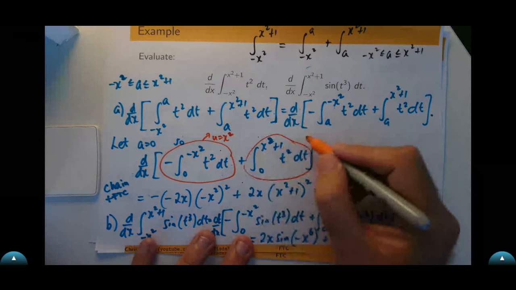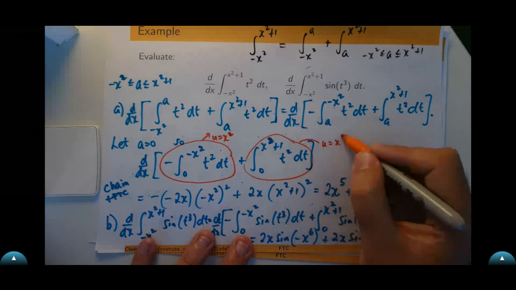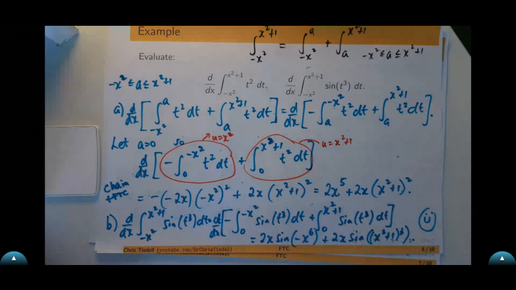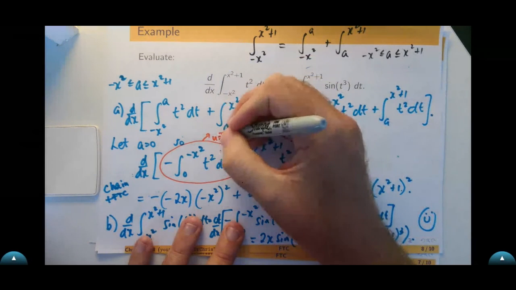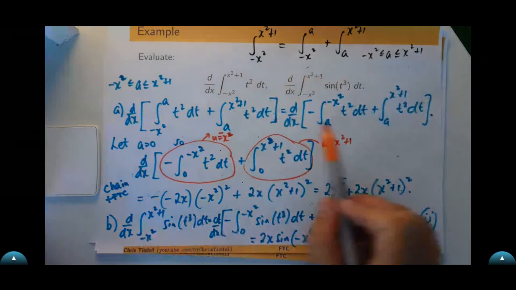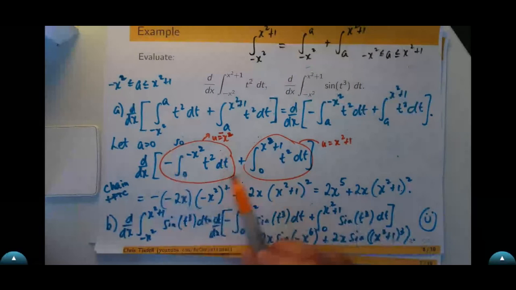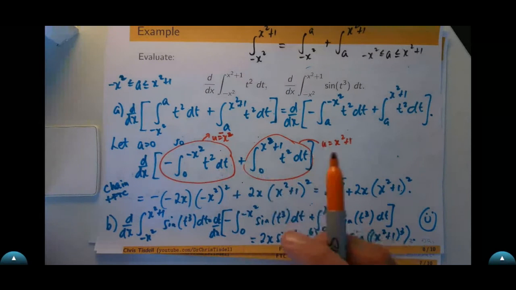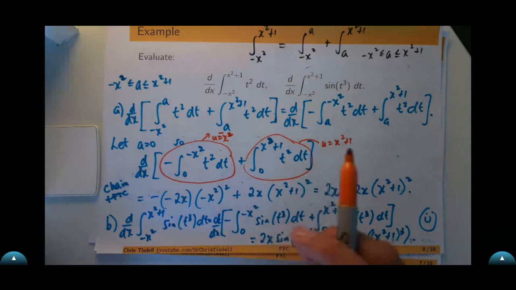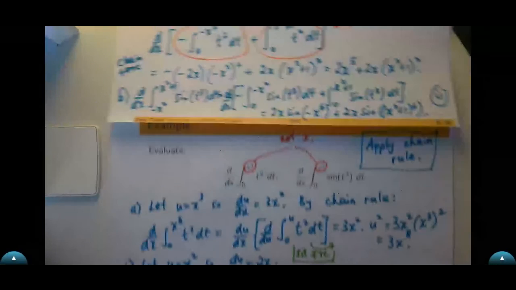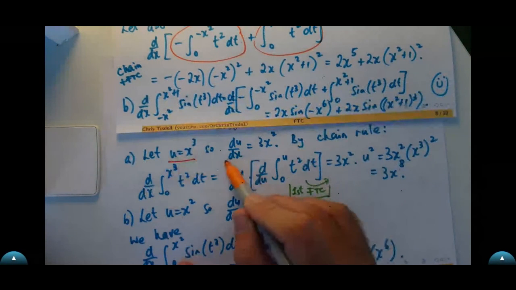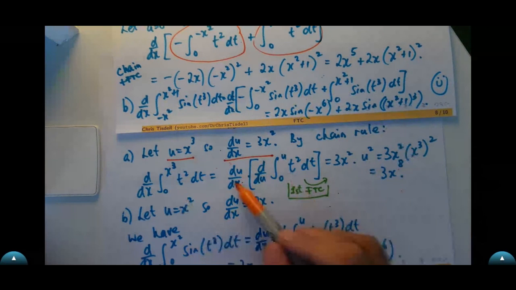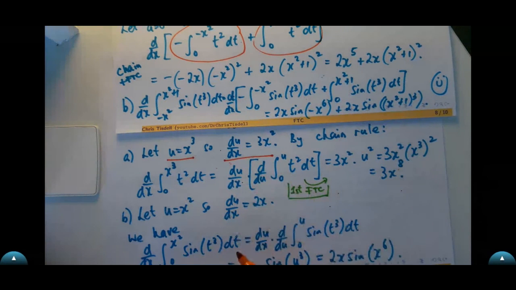And in this integral, we've let u equal negative x squared plus 1. Sorry, negative x squared. And then we've just applied the chain rule to both of those integrals, just like we did over here. So we made our substitution, we calculated the derivative, and then we applied the chain rule.